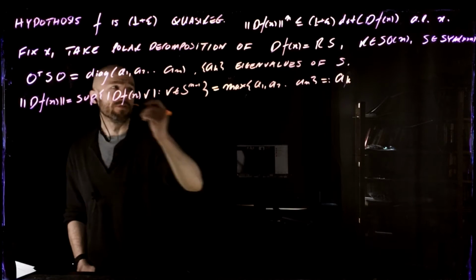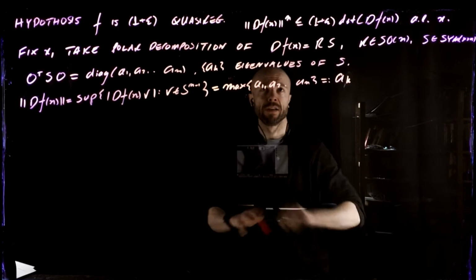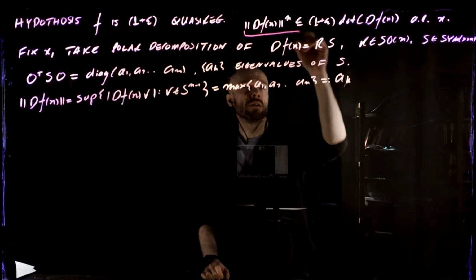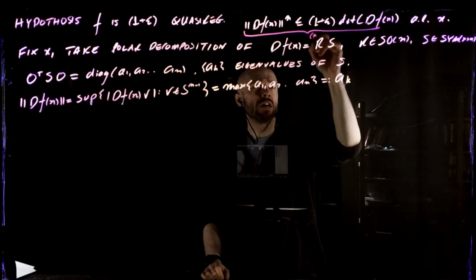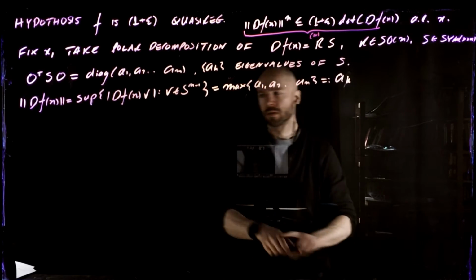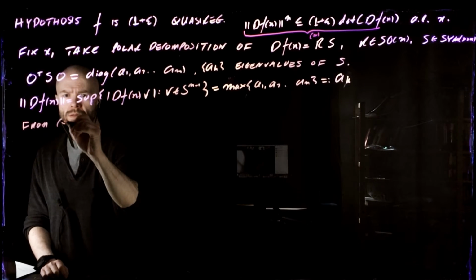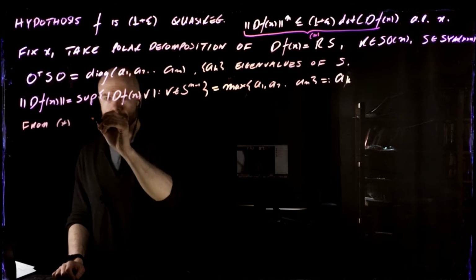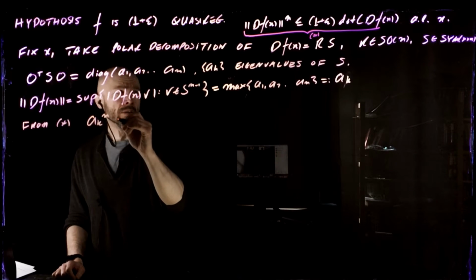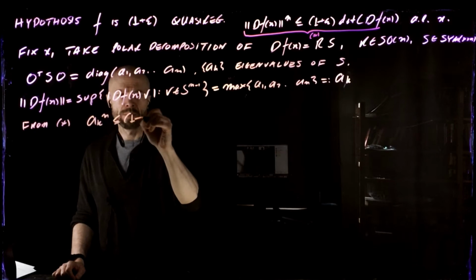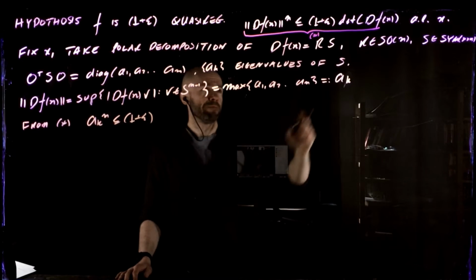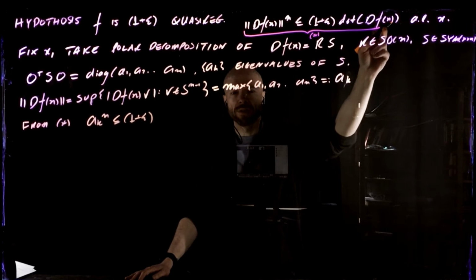So what do we have from this thing right here? Let's call this thing star. So from star, we have that AK to the n is less than 1 plus epsilon. And then this guy here is the determinant of this guy.